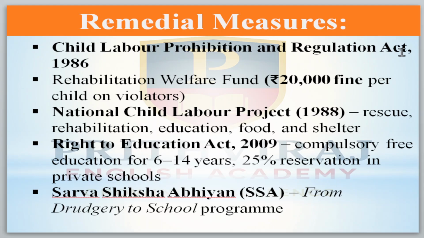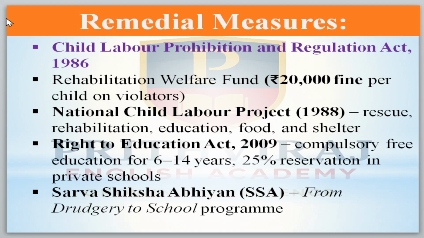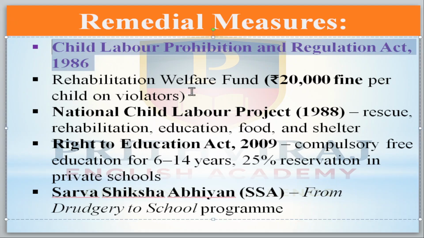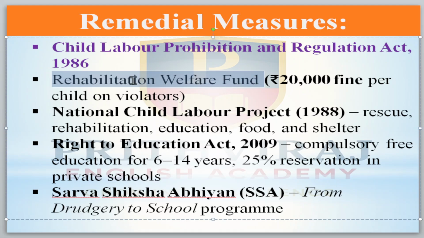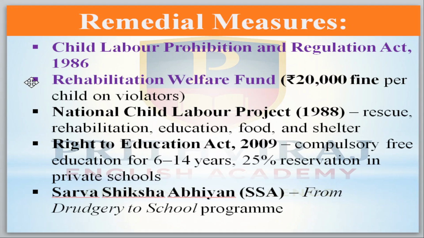The Child Labour Prohibition and Regulation Act of 1986 was there. Then the welfare fund: a 20,000 rupee fine per child on the violators. If any child labor is found in any factory, the industrialist has to pay 20,000 rupees fine per child.